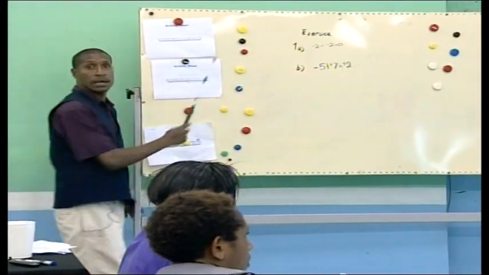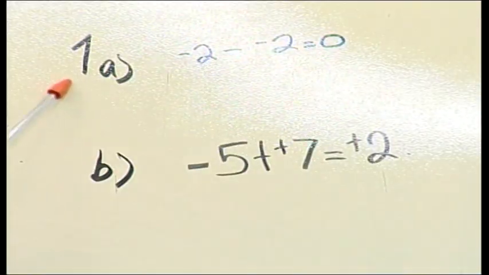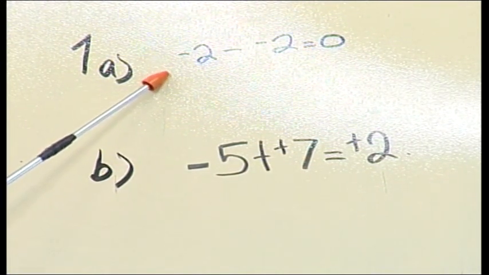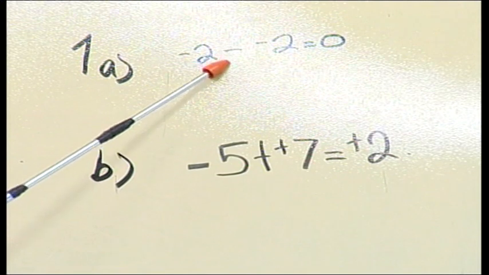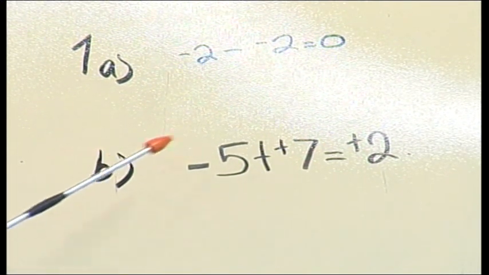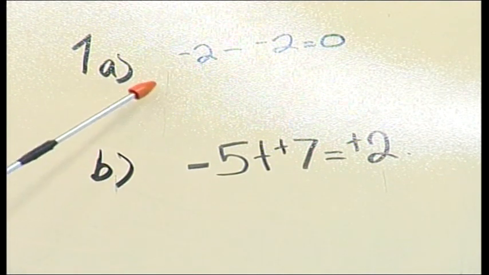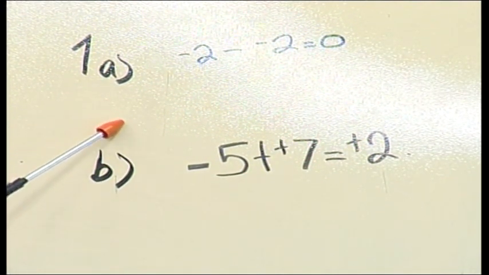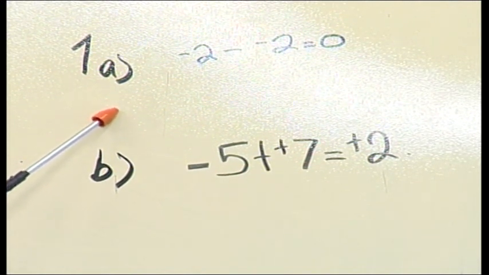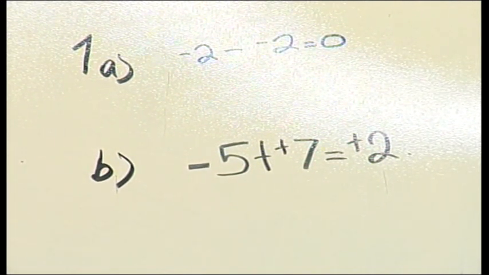1A. Is 1A correct, receiving students and 7A? Negative 2 minus negative 2 equals 0. Okay, I think this answer is not correct. Can we have someone to correct it? Okay, let's have Trista.